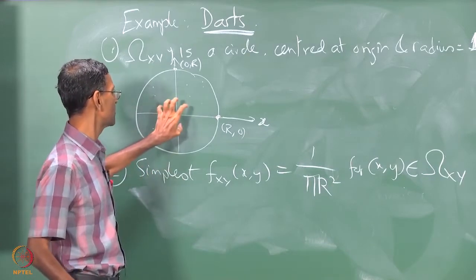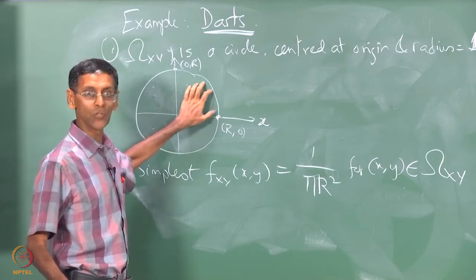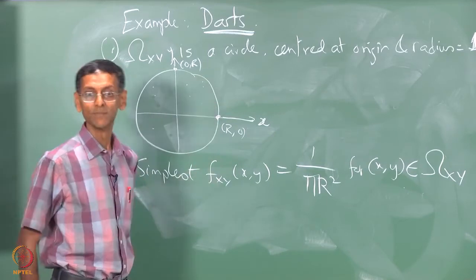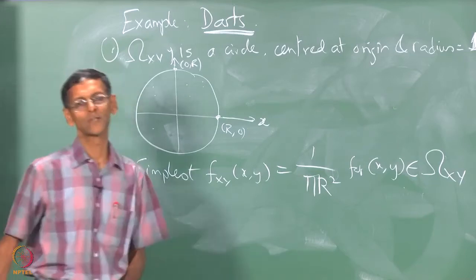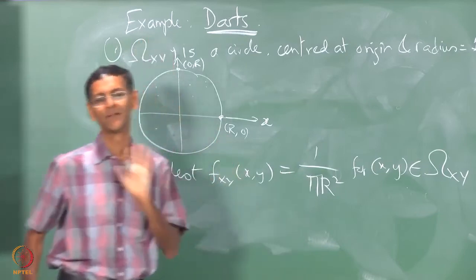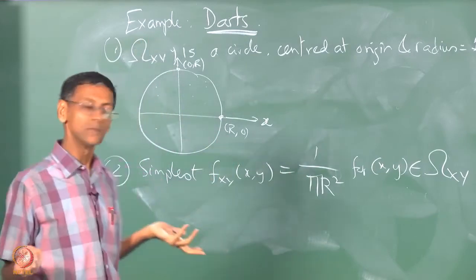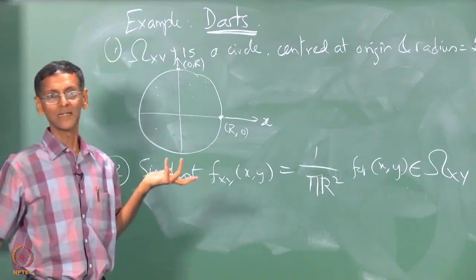So regions around the origin do not have higher probability compared to regions closer to the edge. You can debate the usefulness of this model, but as I said, it's just an example at this point. If you want to use a more complicated model, fine, do it.